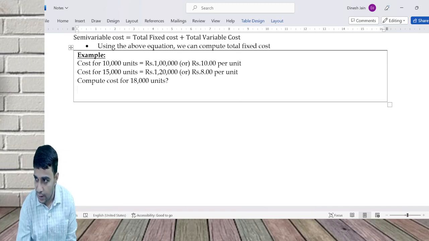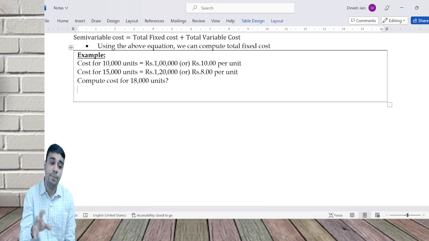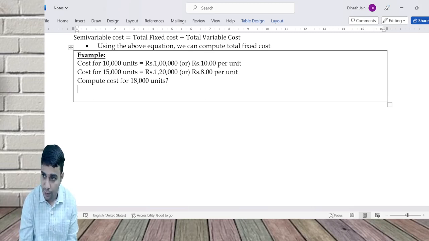If it was 10 per unit for 10,000 and 10 per unit for 15,000, then it will be 10 per unit even for 18,000, so 10 into 18,000 is the answer. Unfortunately, neither the overall number nor the per unit number is remaining the same.